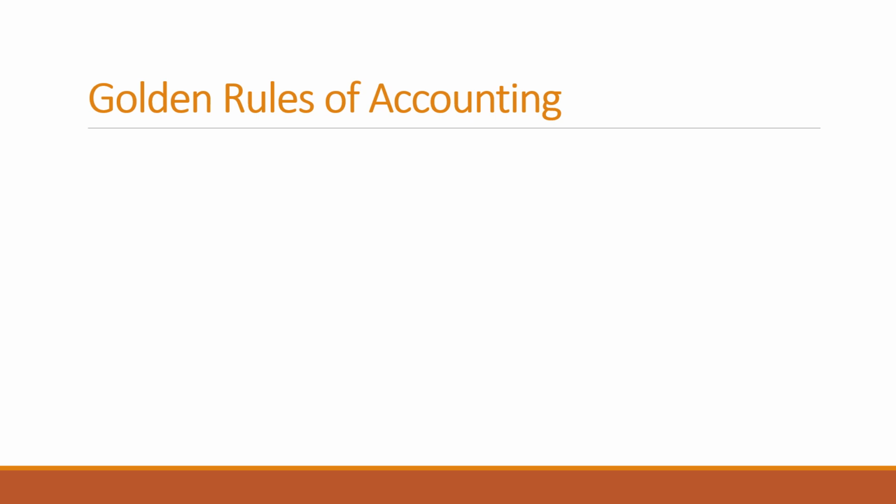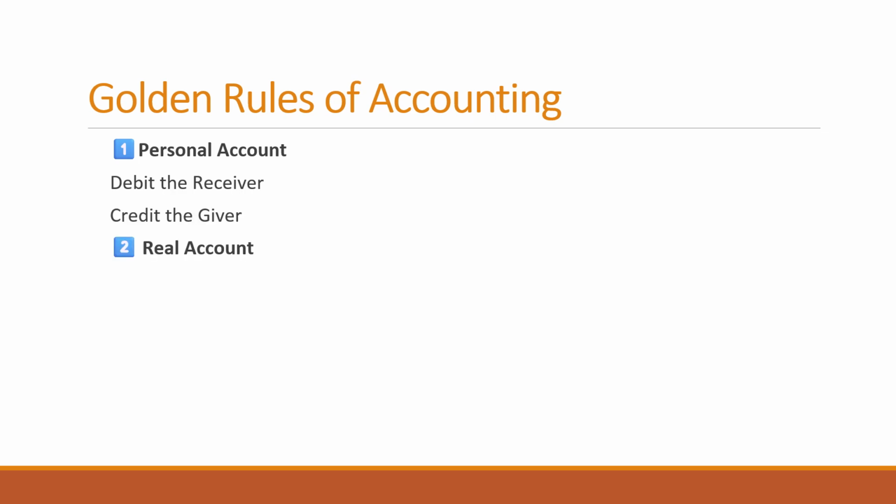Next, let us check the golden rules of accounting. Why is this required? This is required to decide debit and credit correctly. That is where we use the golden rules of accounting. There are three types of accounts here. First is personal. When it comes to personal, debit the receiver, credit the giver.